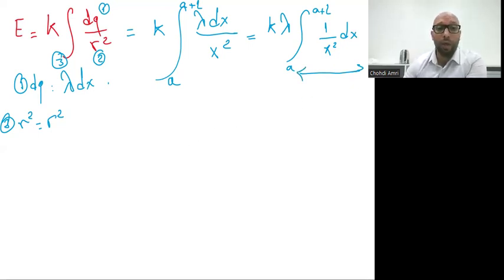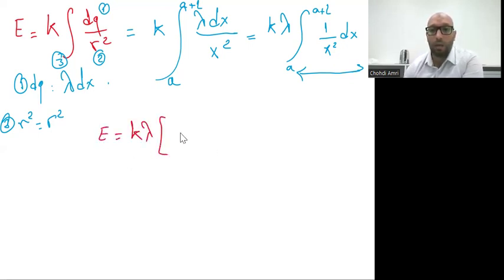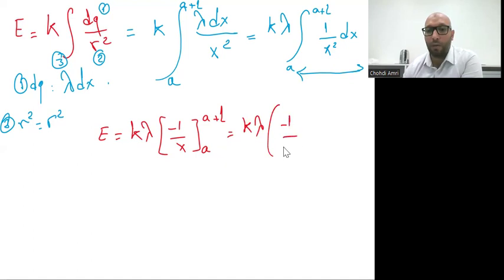The integral of 1 over x squared dx is known, so we can write that E equals K lambda multiplied by minus 1 over x, the primitive of 1 over x squared, from A to A plus L. So it is K lambda times minus 1 over A plus L, minus, minus 1 over A.